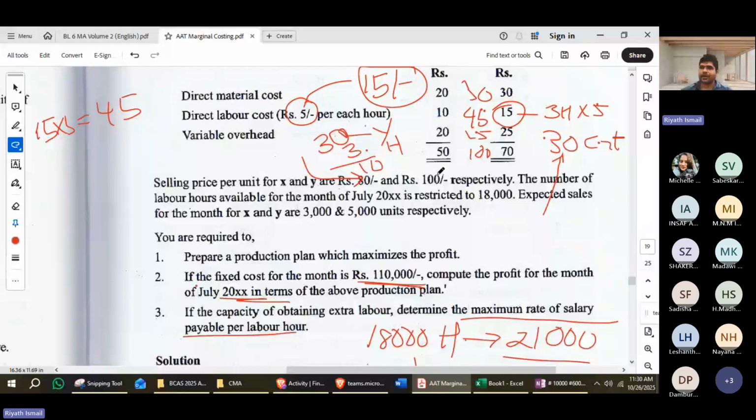You can go up to a maximum of 100. The selling price equals the variable cost, then contribution equals 0. So therefore we can go up to 15 rupees.